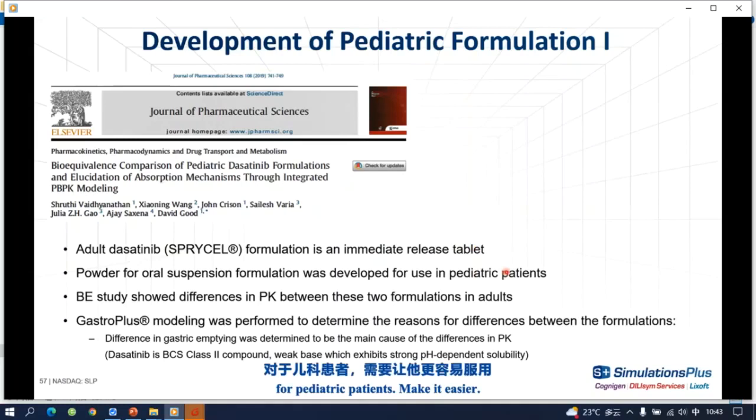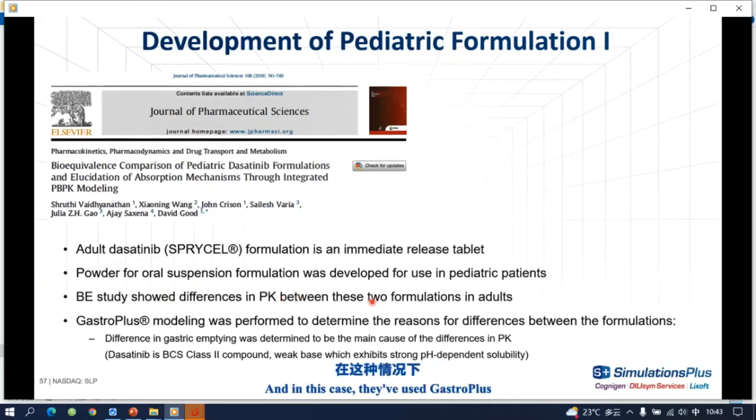For pediatric patients, to make swallowing easier, they were developing an oral suspension. They did a BE study in adults between these two formulations to evaluate whether it is bioequivalent to the original formulation that was already approved in adults. And that BE study actually showed differences.